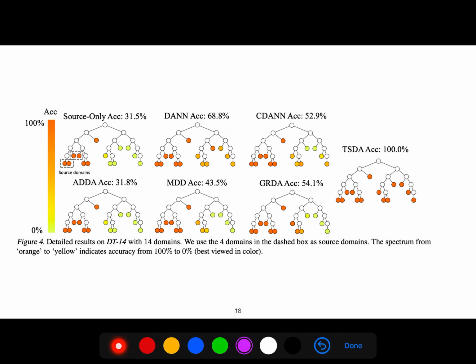You see the accuracy is 31%, but for different domains, and now here it is 54. The spectrum from orange to yellow indicates accuracy. For example, for this domain, the accuracy is higher than, for example, this domain.